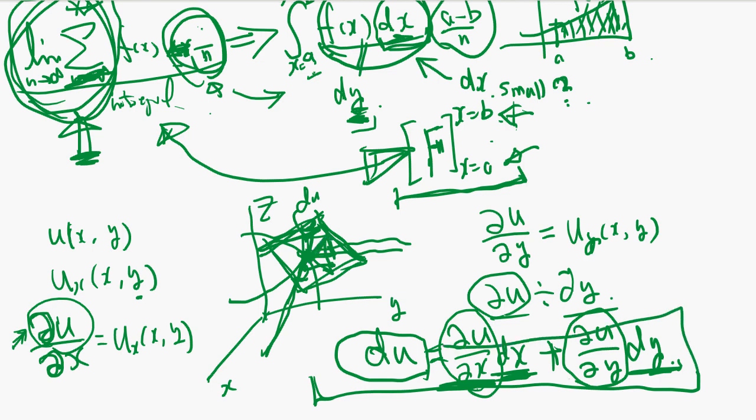This is a linear equation. It's nothing but a linear equation for this plane. Okay, so that's pretty much the most confusing notation in calculus.